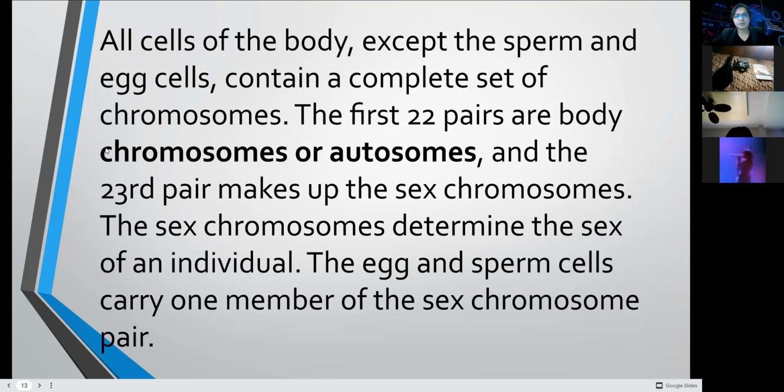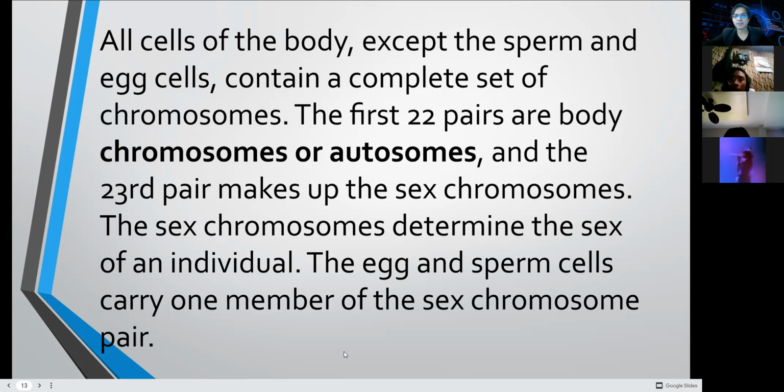And the 23rd pair makes up the sex chromosome, the gender indicator. The sex chromosomes determine the sex of an individual, male or female. The egg and sperm cells carry one member of each sex chromosome pair.